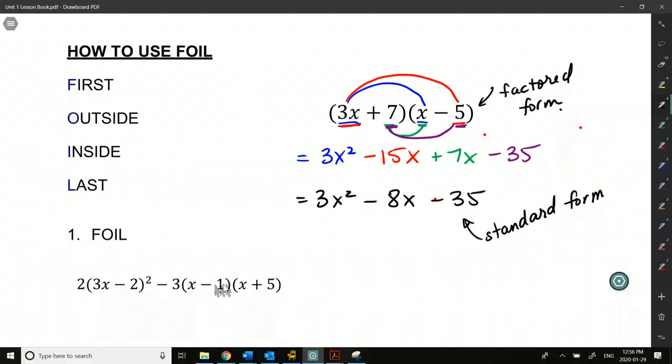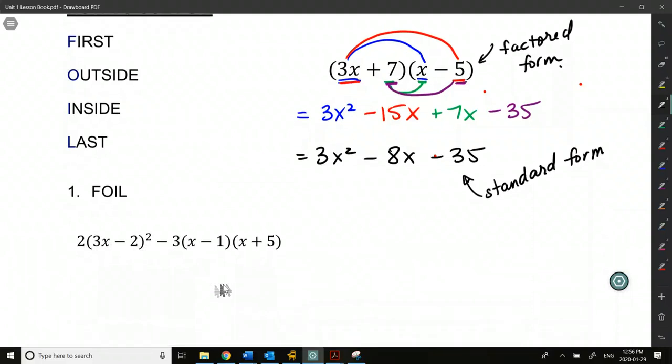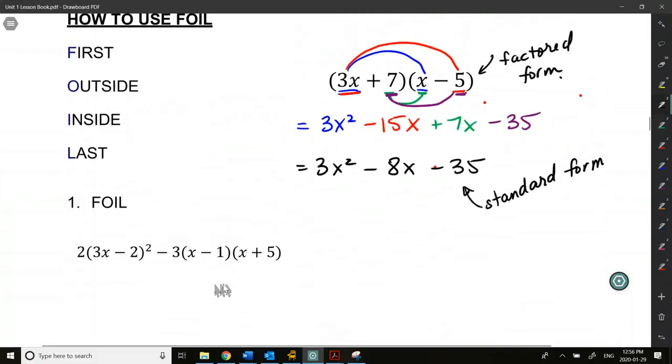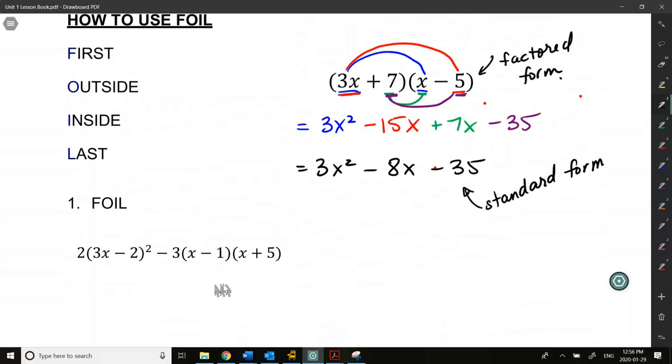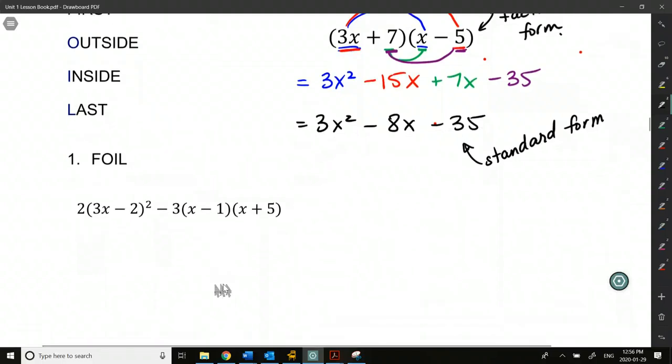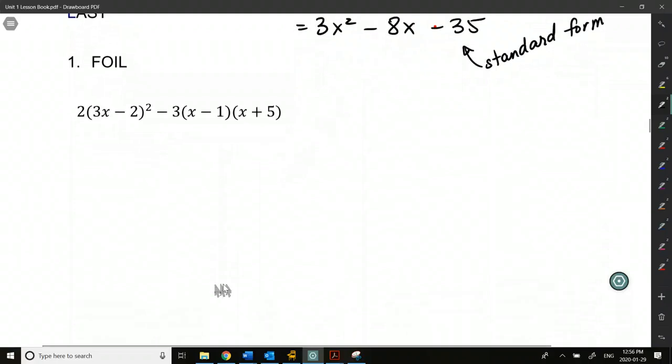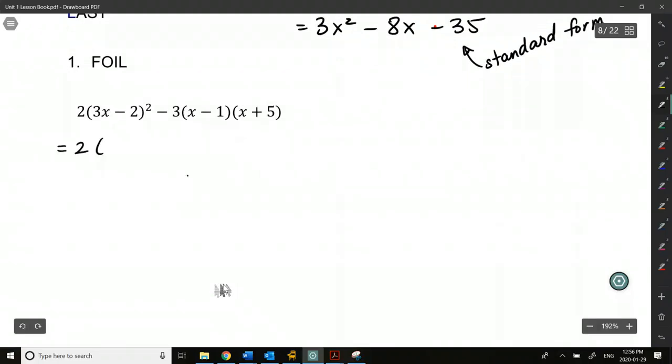Okay, so we're going to try out FOIL on something a little bit more complex. Can I scroll from this one? What would be the middle one? Just like this one, we're just expanding out to get into standard form, so it's just a step along the way to get there. Okay, so when I see 3x minus 2 squared, it means 3x minus 2 times itself.